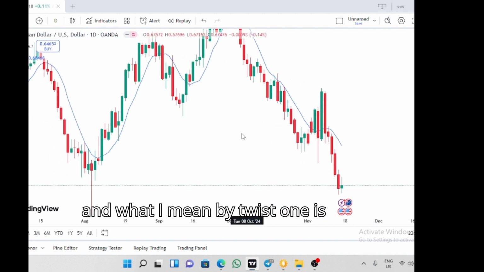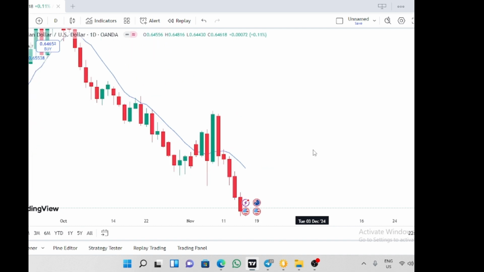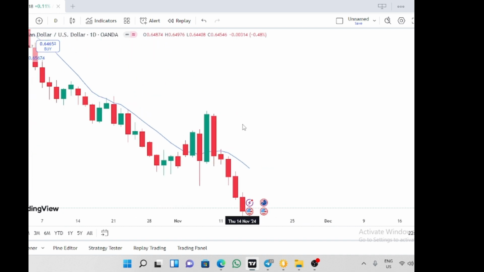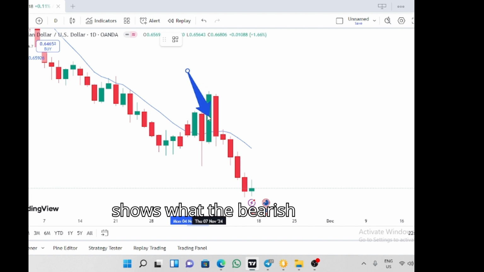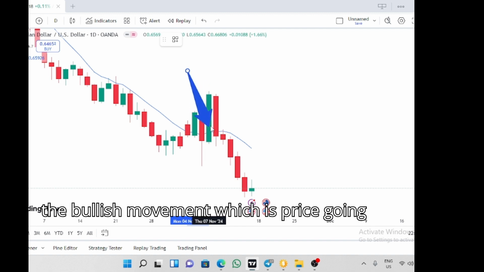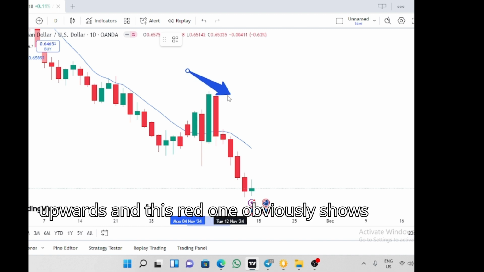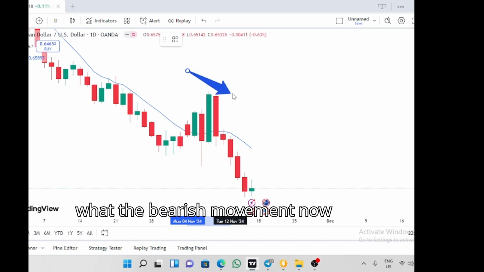And what I mean by 2:1 is when you look at these two candles right here. This green candle shows the bullish movement, which is price going upward, and this red one obviously shows the bearish movement.